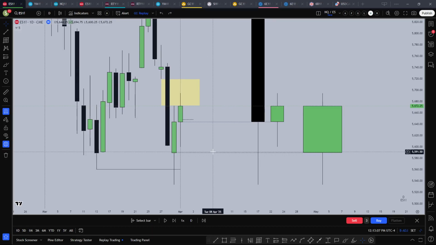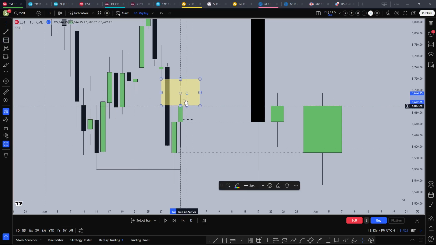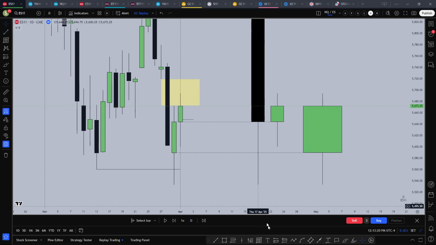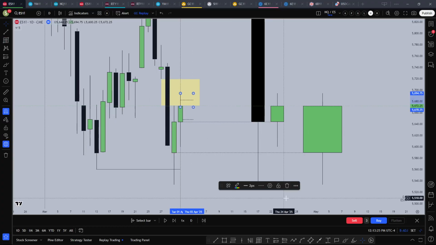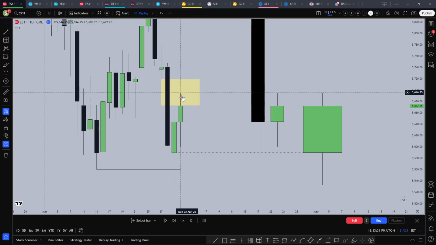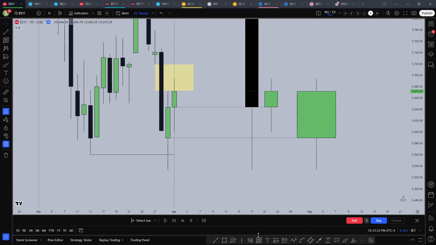Where can I think of Wednesday's high forming? Either respecting this EQ of this day's wick or off of previous day's high. Two scenarios. If it respects this wick, then goes lower from that. If it disrespects, then it needs to sweep previous day high to go lower. Two scenarios for bearish, and one scenario if it wants to stay bullish: I would need it to respect this EQ of previous day's range.